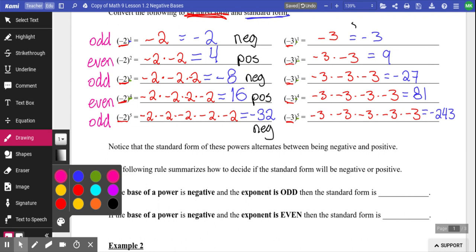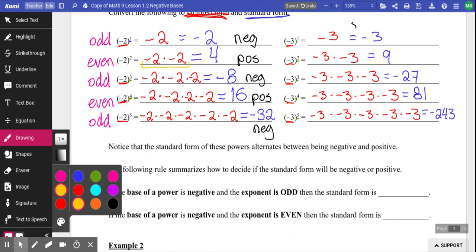That's not a coincidence. The reason why this seems to be matching up, where it's always odd produces a negative and even produces a positive, has to do with something you learned a long, long time ago. You would have learned when you multiply 2 negative numbers, you always get a positive number, right? That means if you were to break this question down and multiply it slowly, when you have an even number of negatives, a negative and a negative becomes a positive.